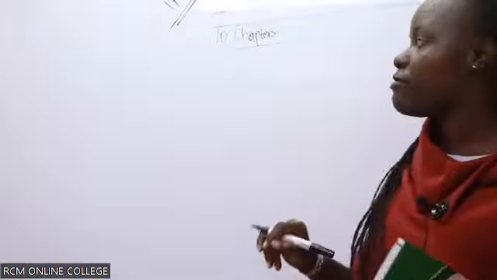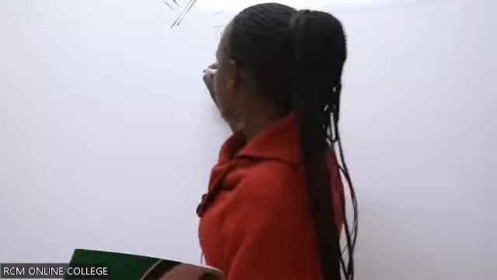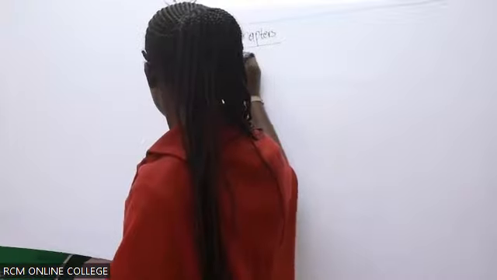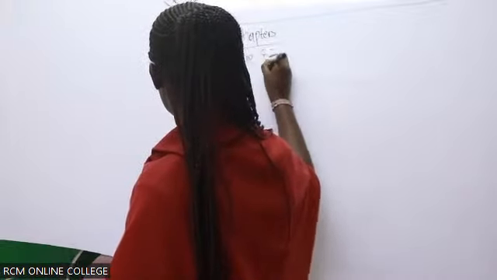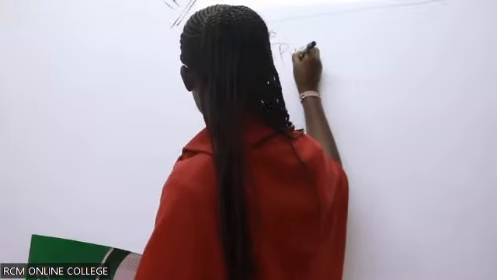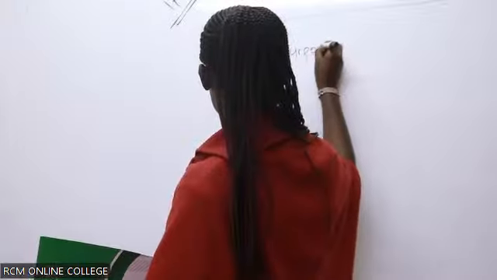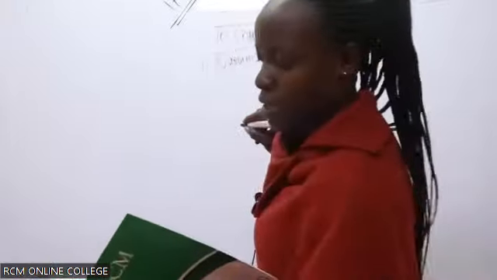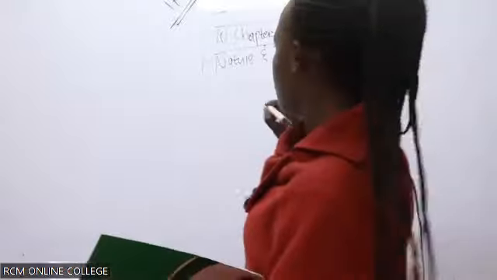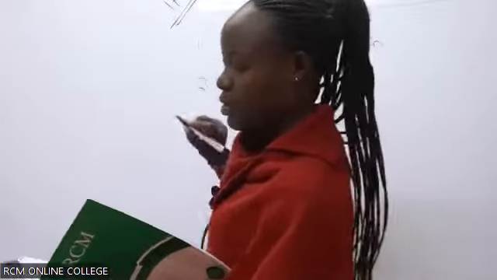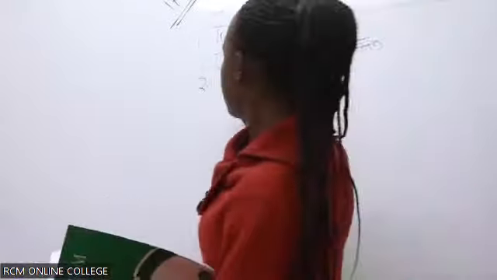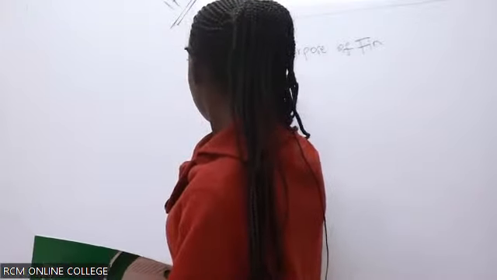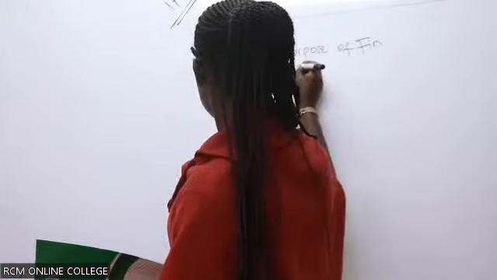Our first topic under this unit is Introduction to Finance. You're supposed to understand the nature and purpose of finance, that will be our chapter 1. Then your second chapter handles financial markets and systems.